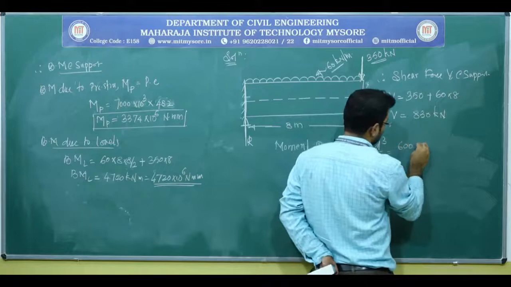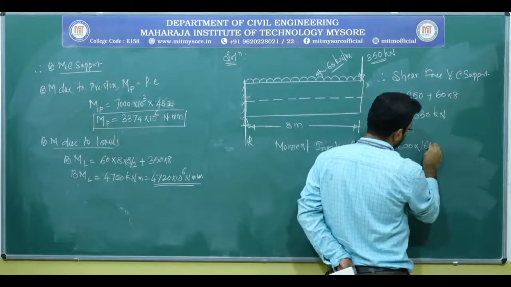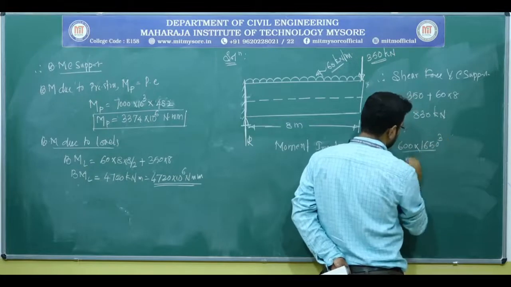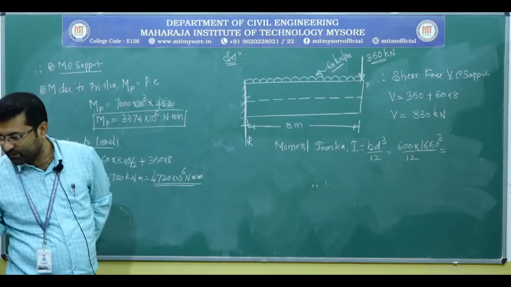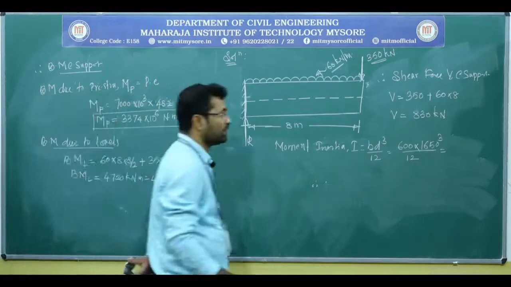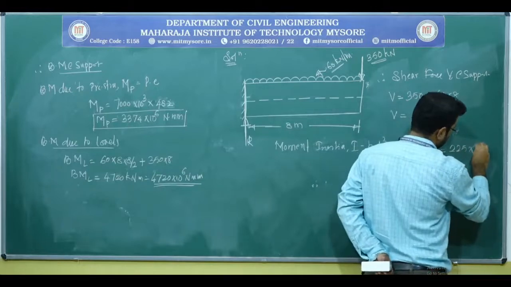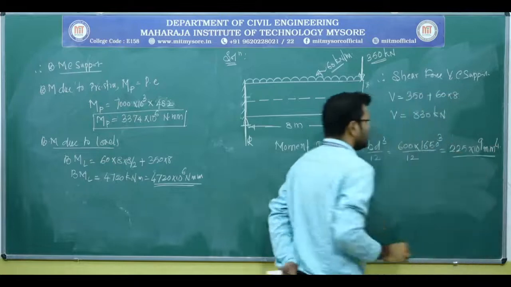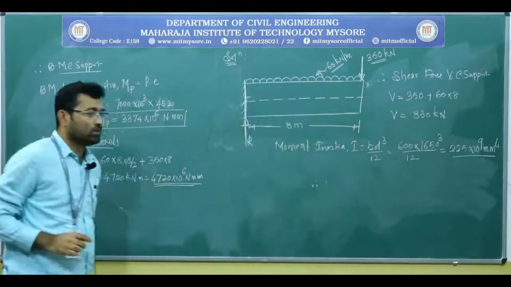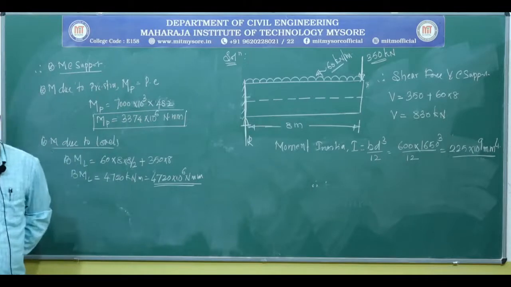So breadth is 600 into depth is 1650 cube divided by 12, which yields about 225 into 10 to the power 9 millimeter raised to 4. Okay, so using all those things, let us calculate the resultant stresses.